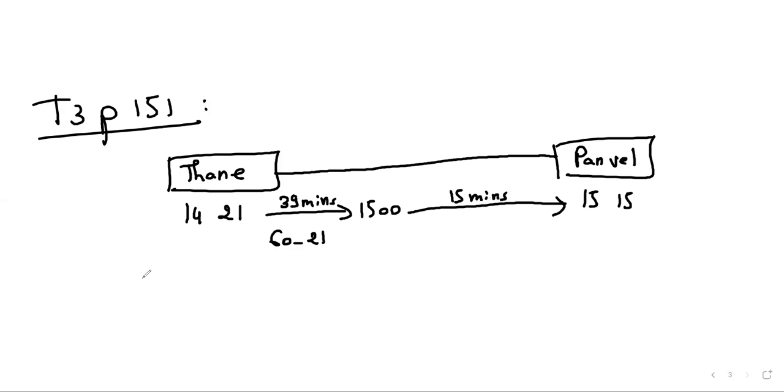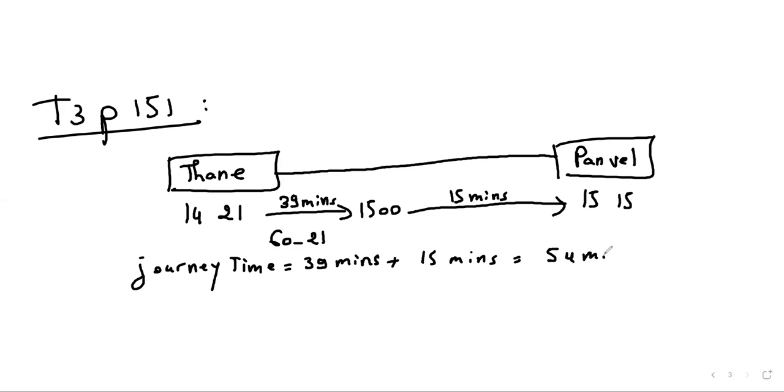So the journey time is equal to 39 minutes plus 15 minutes, which is equal to 54 minutes. This is the total time for the journey.